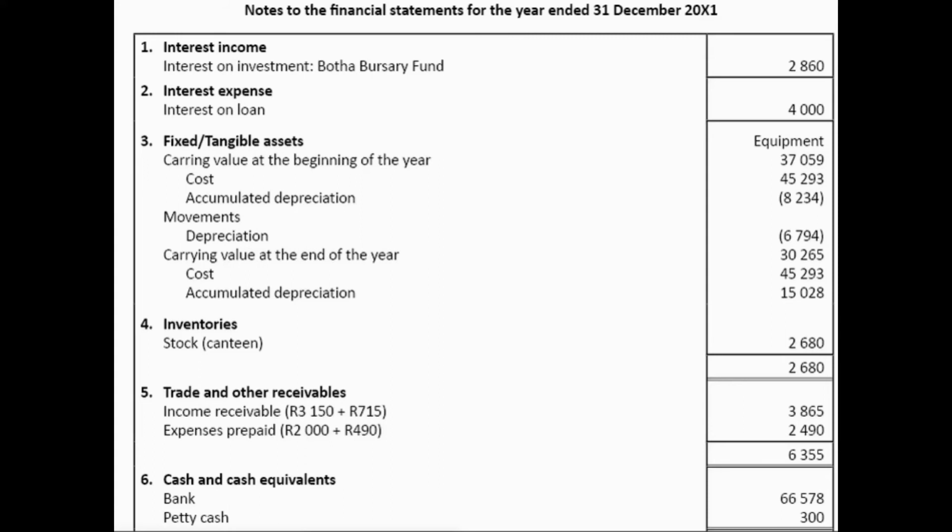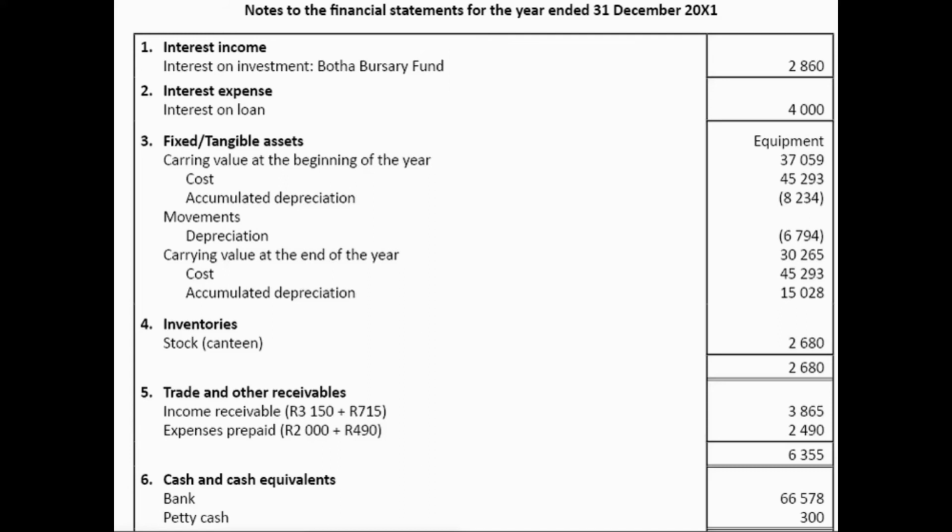We've already done that. So first of all, you add the accumulated depreciation at the beginning of the year plus the new depreciation that was written off. Then you get the accumulated depreciation at the end of the year. You will also find that amount in your accumulated depreciation account that you were supposed to open.